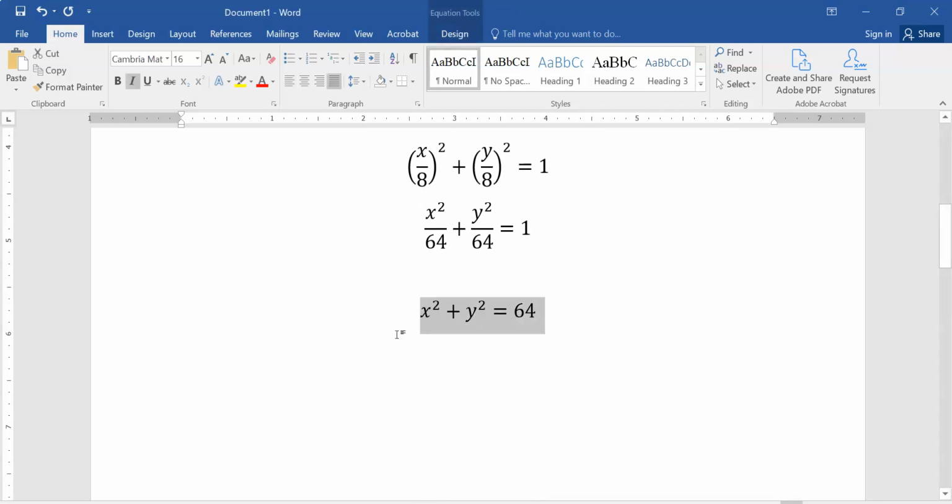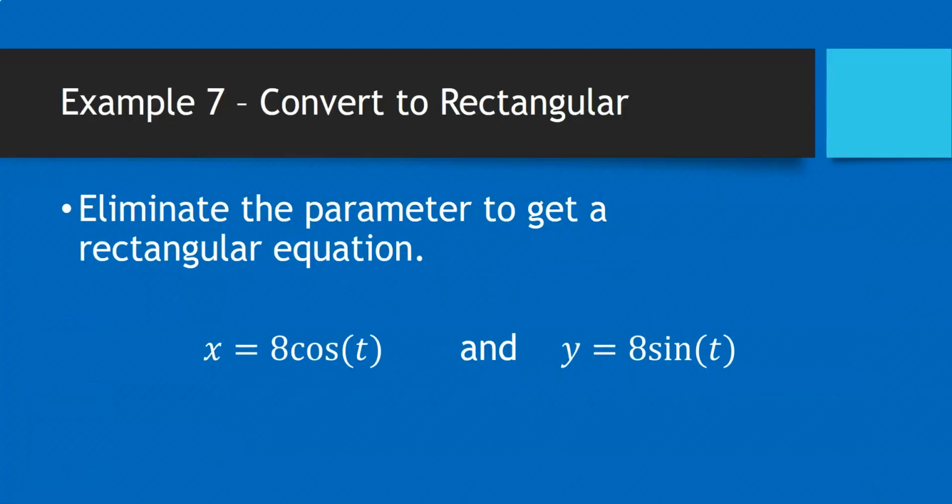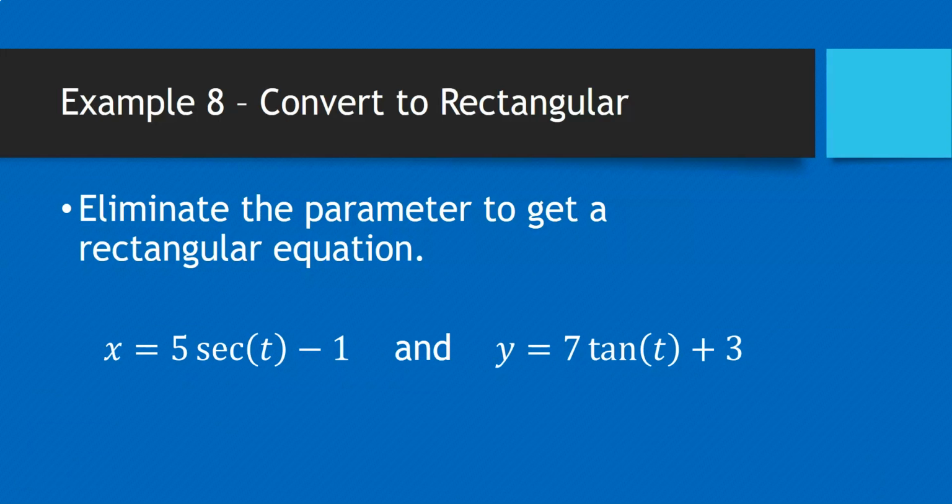So if I'm talking about circles, I'll leave them in circle form. If I came out with an ellipse, I'd leave them in ellipse form. In a parabola, I'd make it a parabola form. So there you go. So what I'd like you to do is push pause on this video and try out example 8 on your own.